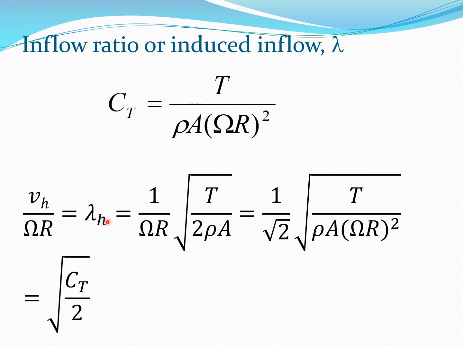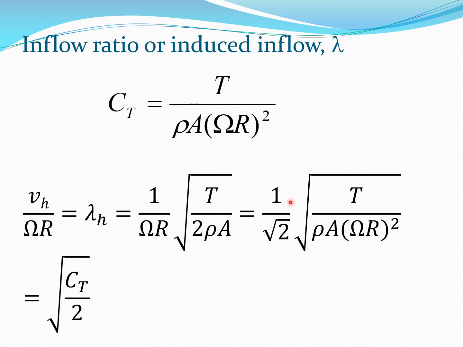So then this is going to become 1 by rotation speed R root T by 2 rho A, which is the formula for Vh. Further simplifying this, we get this expression here.